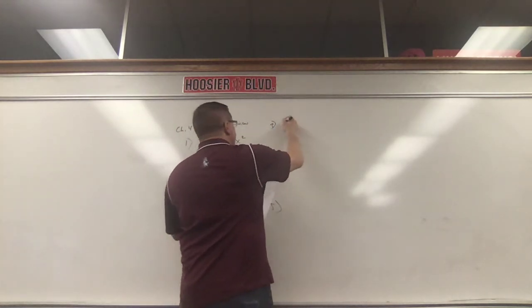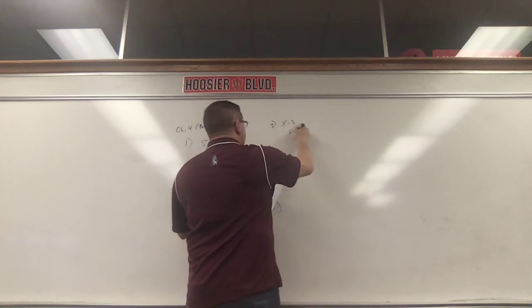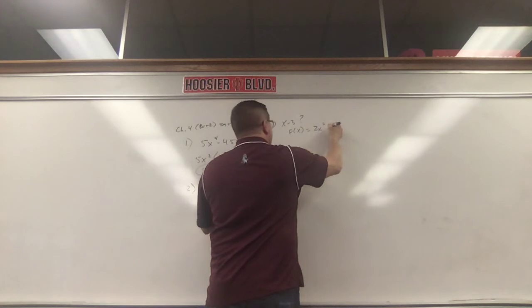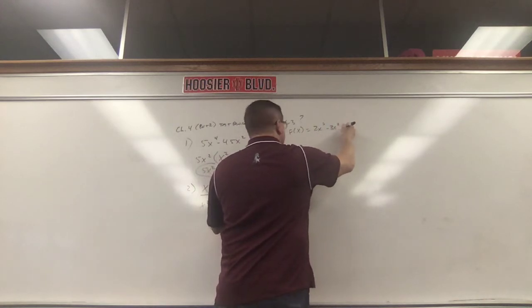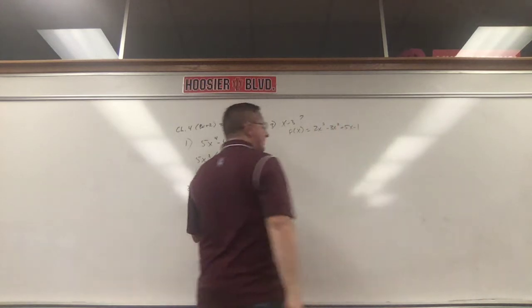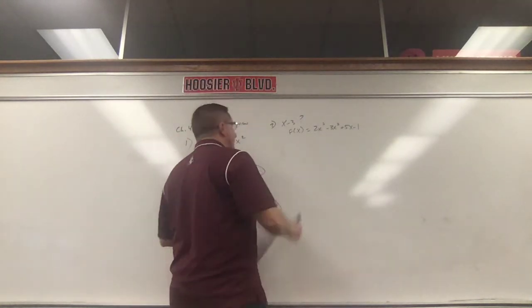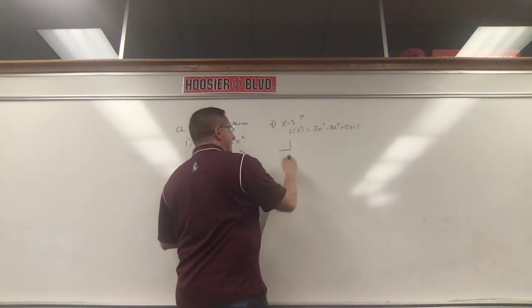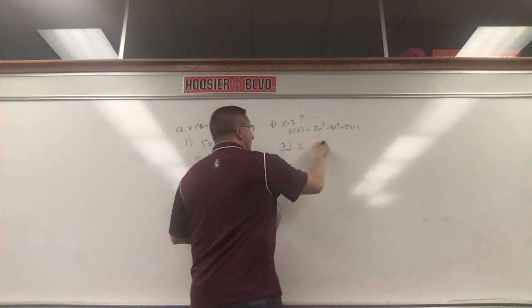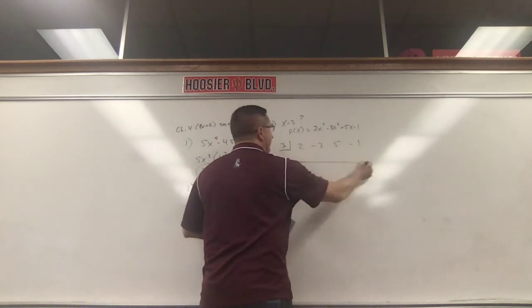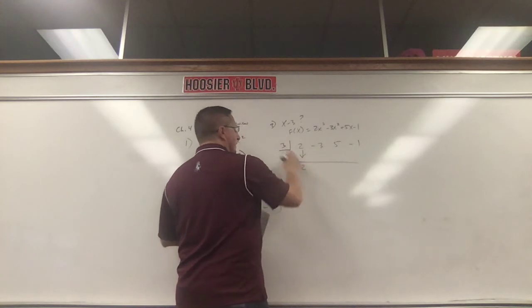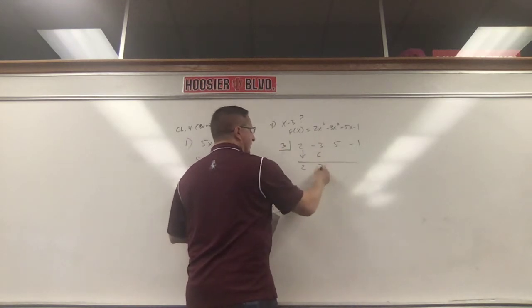Okay, number 3. I want to know if x minus 3 is a factor of 2x cubed minus 3x squared plus 5x minus 1. Well, factor means it goes into it, it divides into it evenly without any remainder. So we're going to divide this out synthetically. We put the opposite of minus 3 in the box. Top line is 2, negative 3, 5, negative 1. We drop our 2, times 3 is 6, add to get 3.